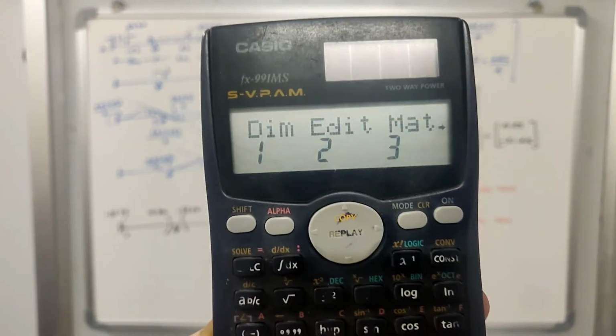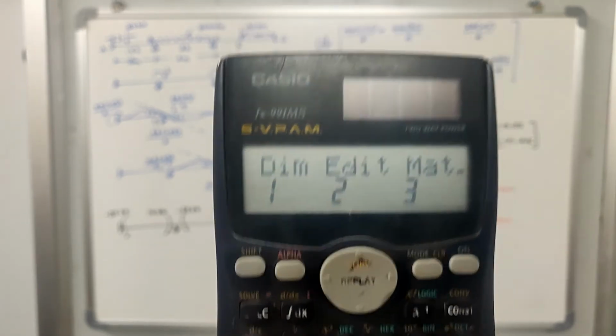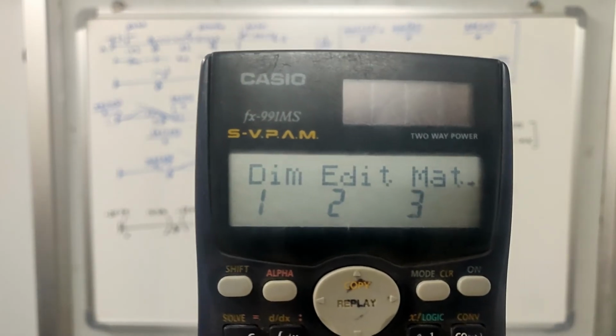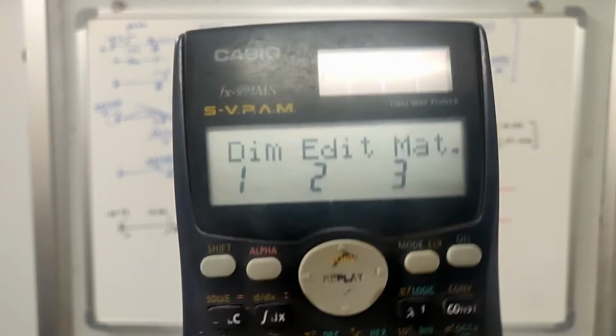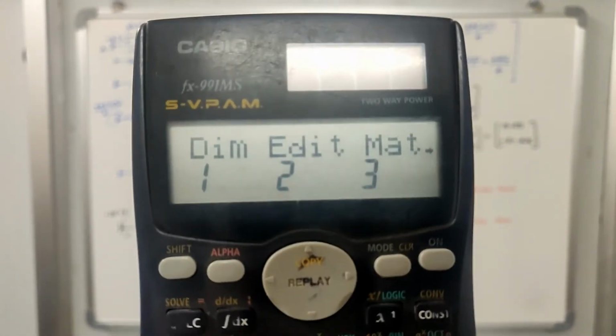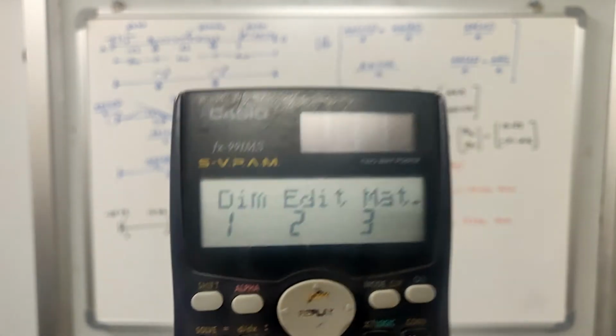The first command is called dim. Dim represents the dimensions, so whatever values you have in the matrix you can substitute in this. Second, if you click 2, you can edit the existing matrix that you have. Clicking third will show you which matrices you have. I guess this is clear.